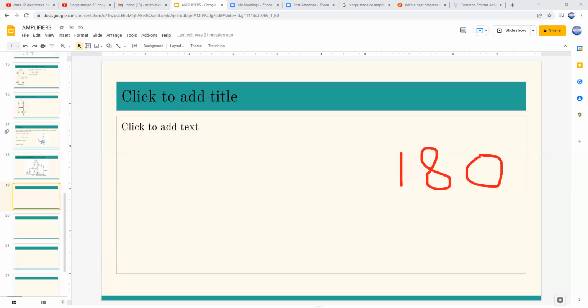Now, it is generally plotted with frequency on the x-axis, and the y-axis is generally voltage gain or output voltage, generally gain. It is generally plotted on semi-log graph paper with frequency on a logarithmic scale.